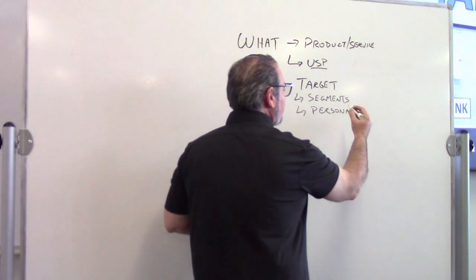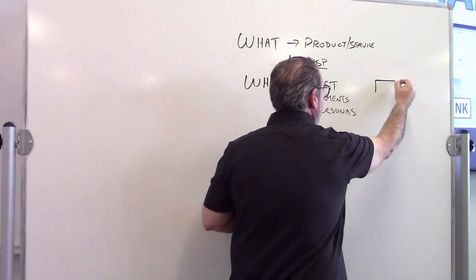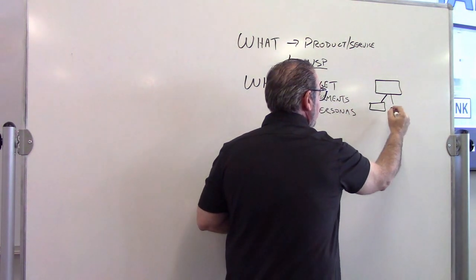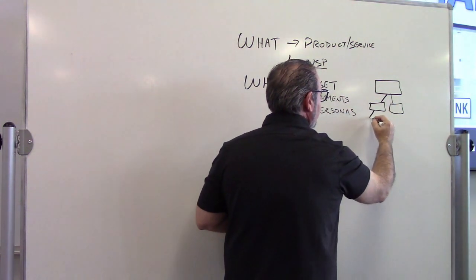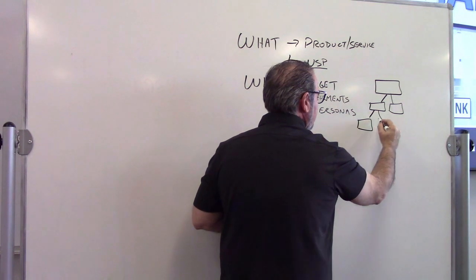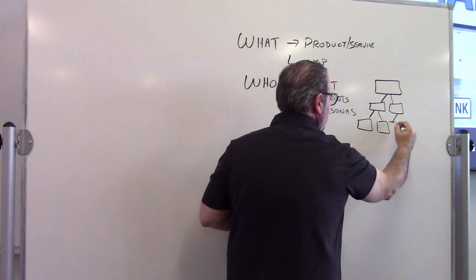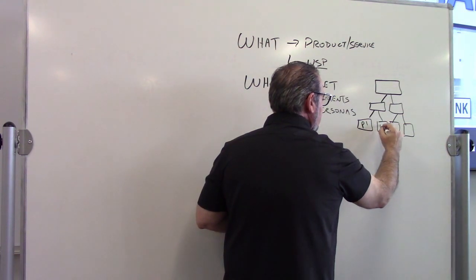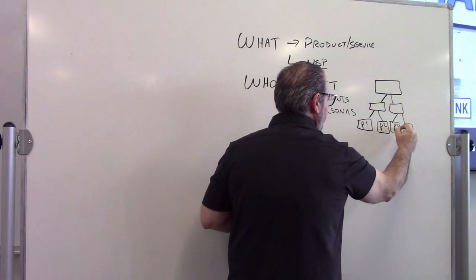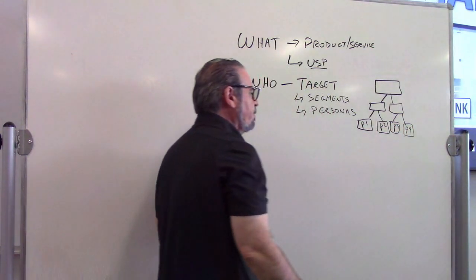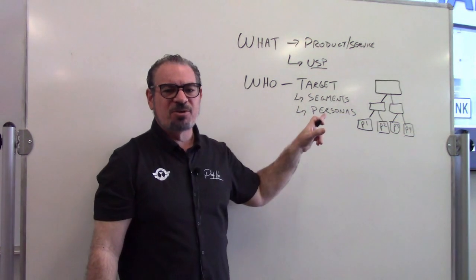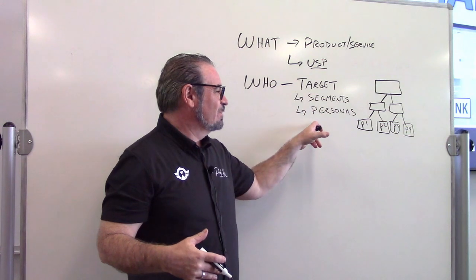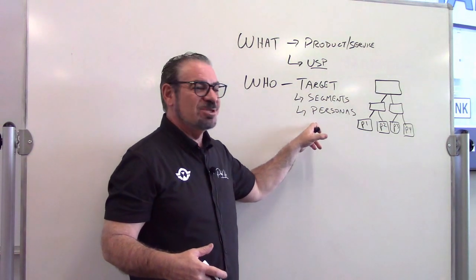So if you think of it, what's happening, if you build it out, there's the target, then there become segments, and then under there, they'll become personas. This would be persona 1, persona 2, persona 3, and persona 4, right? Sometimes persona could also mean, you might hear tribe or target demographic, you know, all those things.